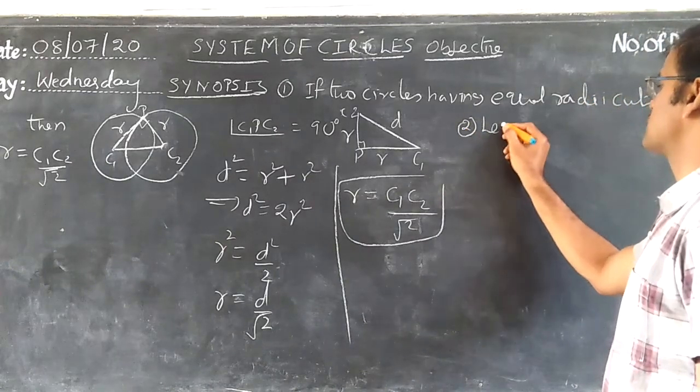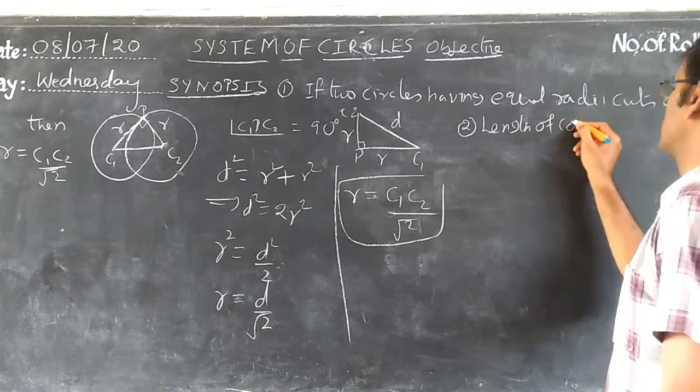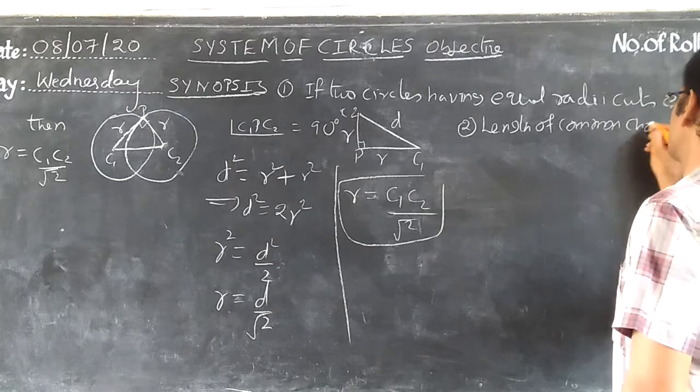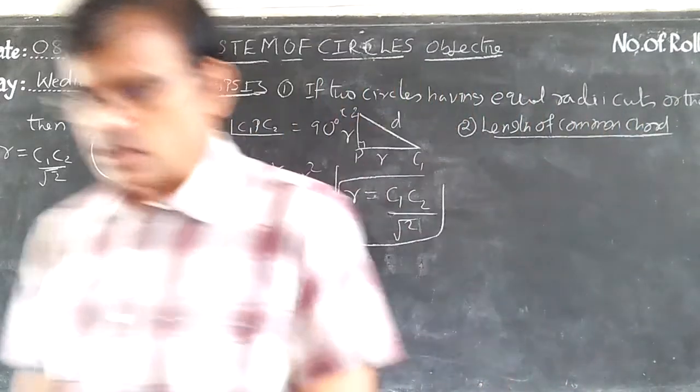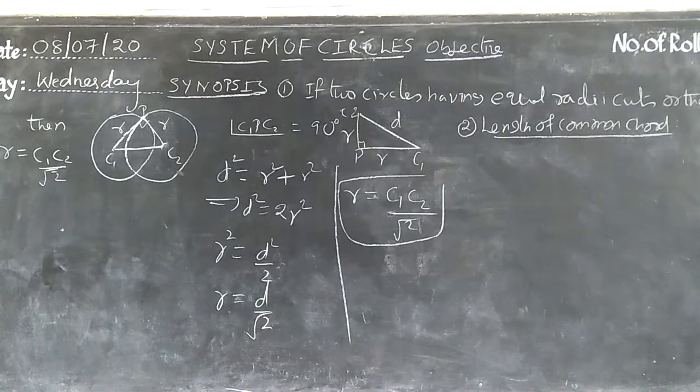Next, let us discuss the length of the common chord. This is not there in IP, simply the common chord concept is there. Now I am going to discuss with you the length of the common chord, whether the circles are intersecting orthogonally or not. Orthogonally or in general mode, we can discuss the length of the common chord.